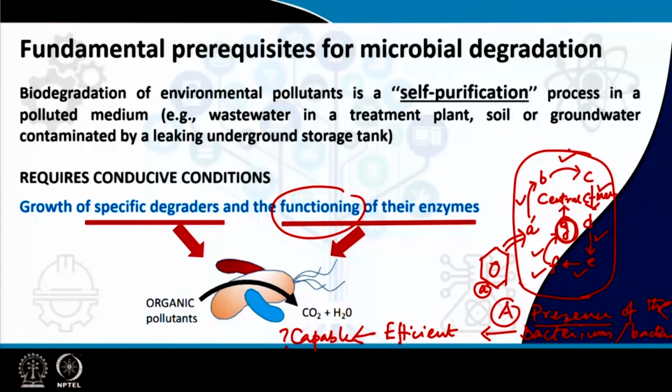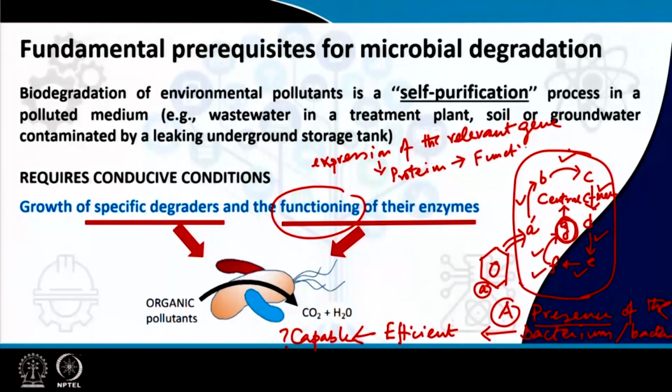The functioning needs the expression of the relevant genes, number 1, and from these the proteins will be formed, and these proteins will be allowed to function, and this is subject to many other factors, whether appropriate conditions are there.